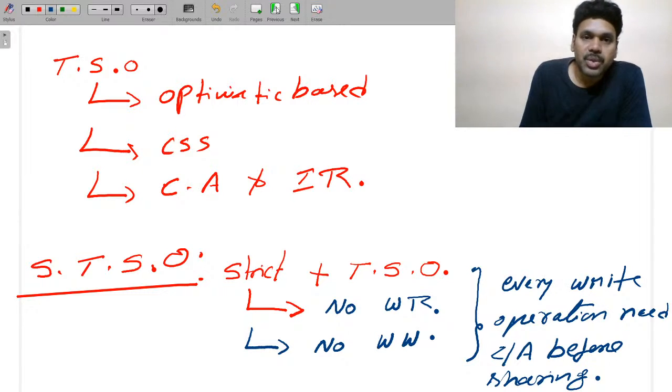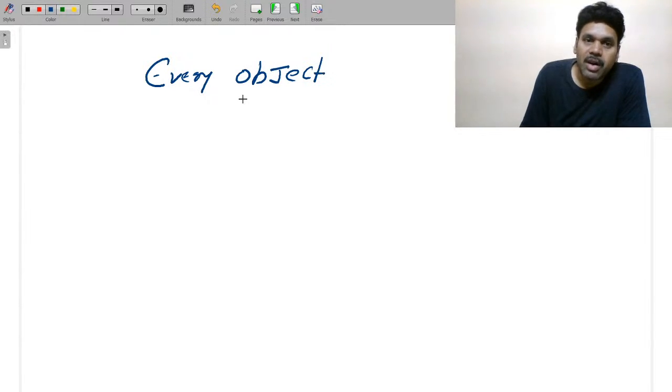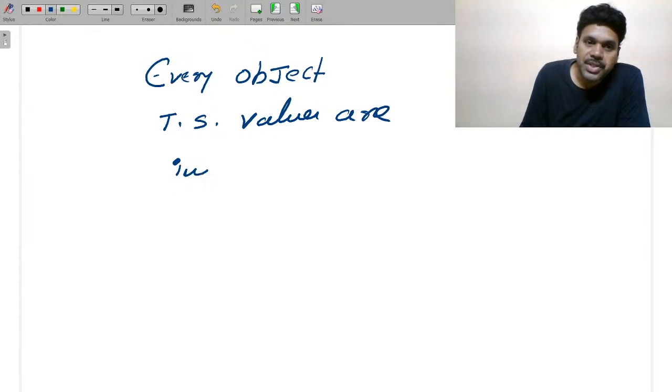Yeah, so you're all worrying about this. What is that? Every object, please understand, every object's timestamp values are initially 0.